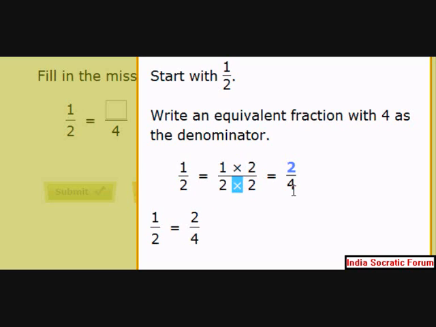So you write down the denominator as multiplied by 2. The numerator is multiplied by 2 so that it cancels, right? Do the same in the numerator. So 1 times 2 is 2. So 1 by 2 proportion is 2 by 4. The equivalent fraction of 1 by 2 is 2 by 4.